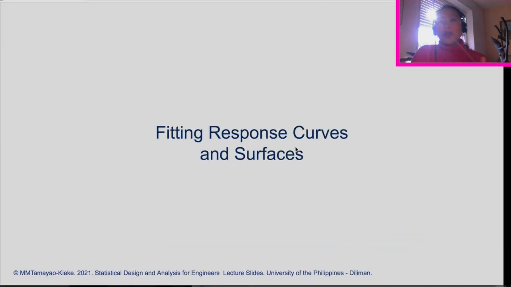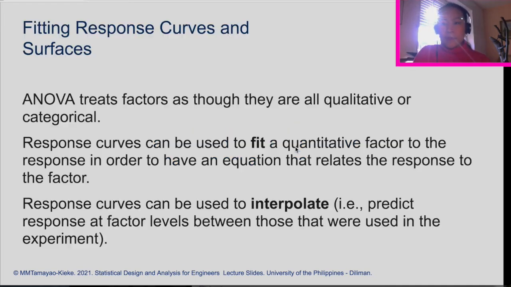Okay, now let's quickly go through fitting response curves and surfaces. As I mentioned before, ANOVA treats factors as though they are all qualitative or categorical. Now, response curves can be used to fit a quantitative factor to the response in order to have an equation that relates the response to the factor.